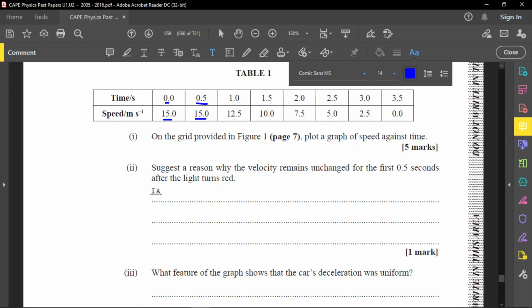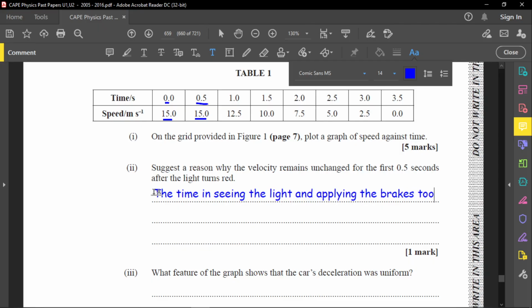So why there's no change between 0 time and 0.5 is simply because of the time in seeing the light, the traffic light, and applying the brakes.